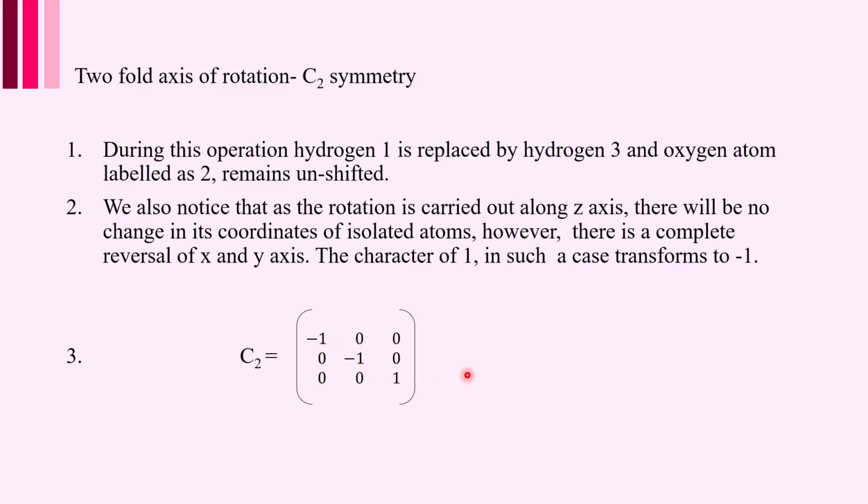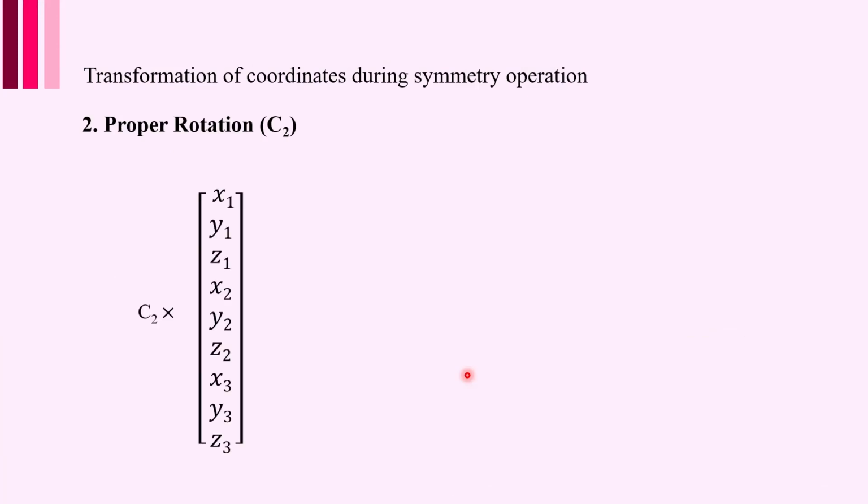But then we are talking about a case where each atom in the molecule has to be seen in the 3 Cartesian coordinate system. So what we see here is that x goes to -x, y goes to -y, but z is of course constant.